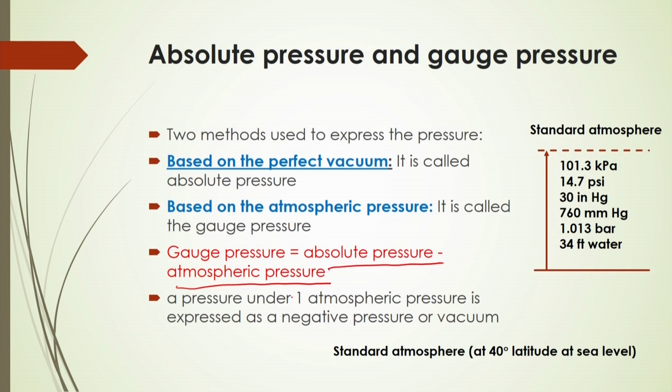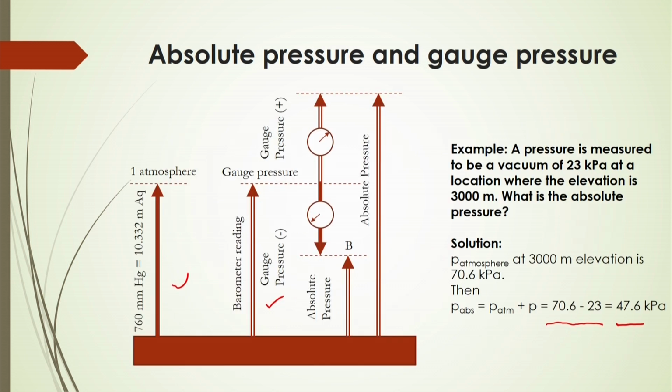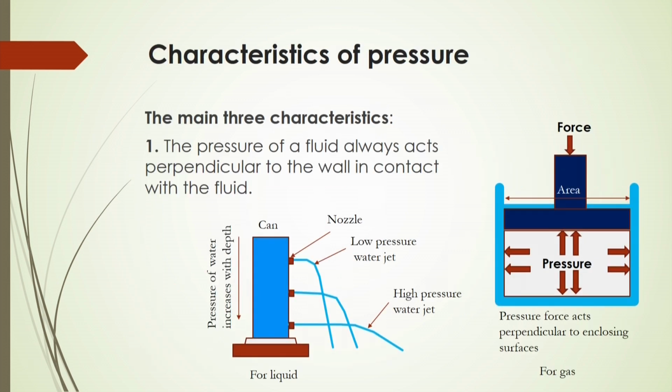So, from the simple relationship, gauge pressure will be equal to absolute pressure minus atmospheric pressure, or absolute pressure will be equal to gauge pressure plus atmospheric pressure. From the sea level you have to add 1 atmospheric pressure to the gauge pressure, then you can have the absolute pressure there.